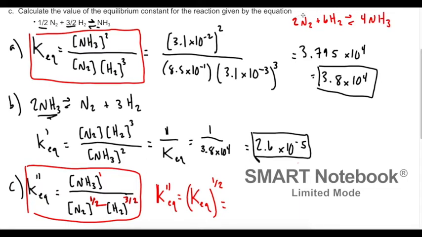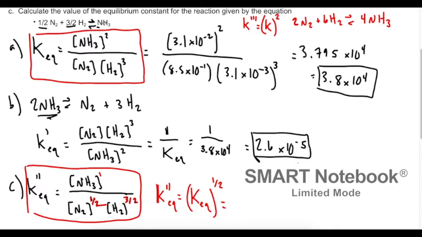That's just me taking the 1, the 3, and the 2 that I had previously and multiplying them all by 2. Then for this process, my new K would be equal to my original K. And how have I modified the coefficients? I've multiplied them all by 2. So I'm going to raise that K to the power of 2.